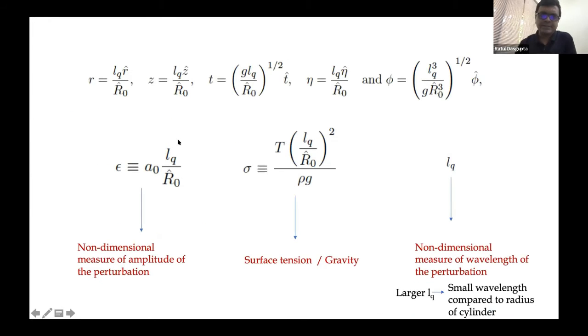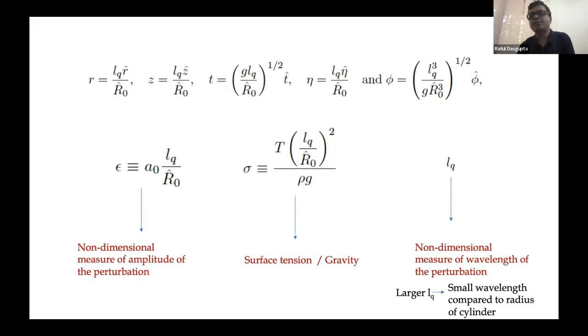Once we non-dimensionalize, we can use our regular linear scales. Recall that Lq by R0 was like a wave number, so I'm non-dimensionalizing everything with the wave number. The time is non-dimensionalized using the linear time period of the surface gravity wave. Here, I would like to mention that we have used the deep water approximation.